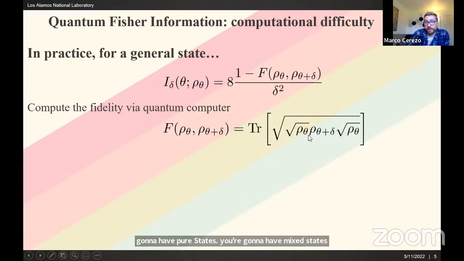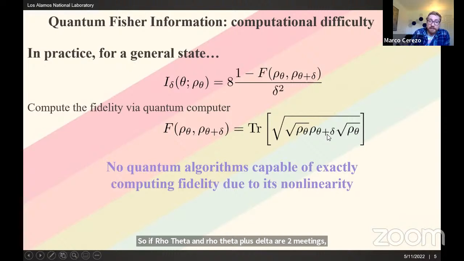So if rho theta and rho theta plus delta are two mixed states, we need to compute this quantity. And because this is a nonlinear quantity of the matrix elements of rho, there is no quantum algorithm capable of exactly computing the fidelity, right? We might have ways of approximating this fidelity, for instance via Taylor series expansion or whatnot, but those are essentially going to be expensive to compute, right? And maybe we don't want to go there.